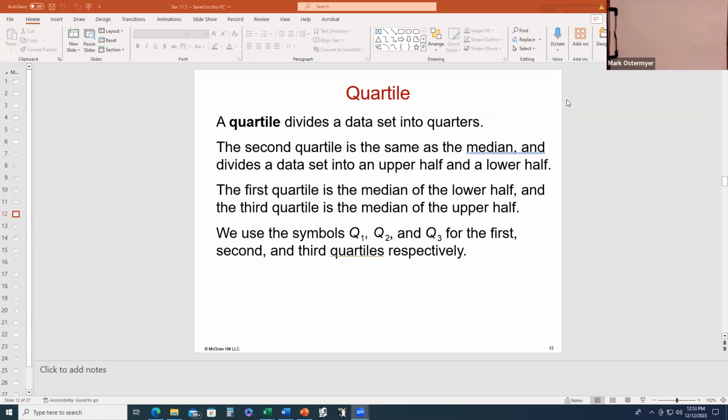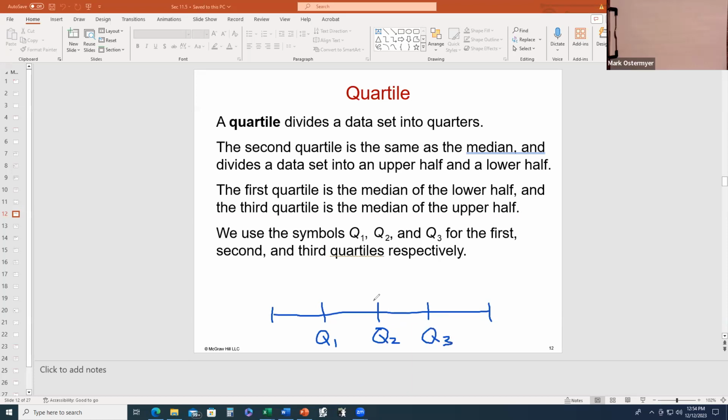All right, quartile value. Now, there are 3 quartile values that will take a data set and partition it up into 4 equal size intervals. And these quartile values, ladies and gentlemen, are the first quartile, denoted as uppercase Q sub 1, the second quartile value, Q sub 2, and the third quartile value, Q sub 3.